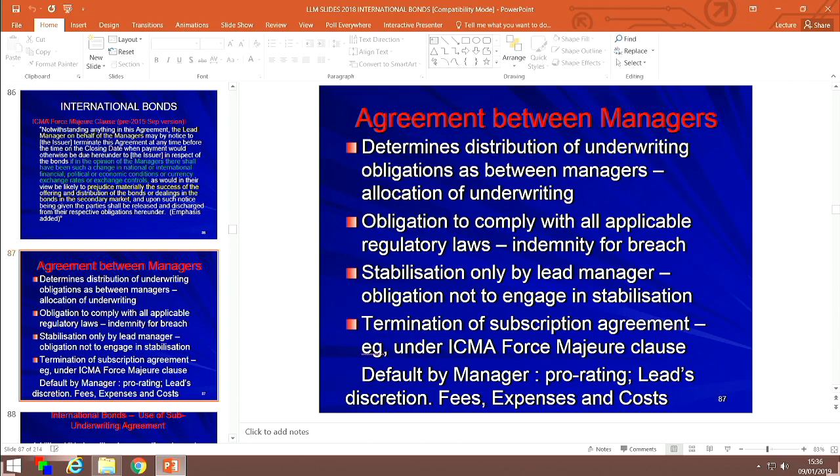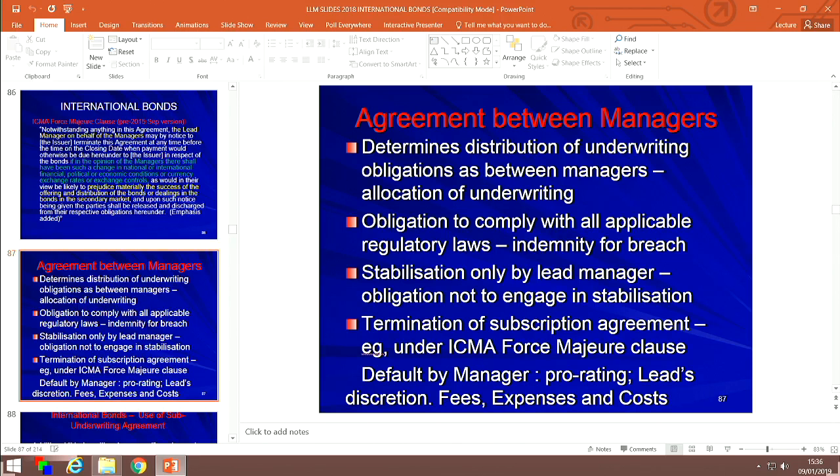The lead manager then falls back on the agreement between managers and the allocations contained in the underwriting obligations to enable it to say, okay, you agreed to take 10%, you agreed to take 20%, you agreed to take 30%, so now we're going to prorate the unsold bonds amongst the underwriters who signed the agreement between managers.